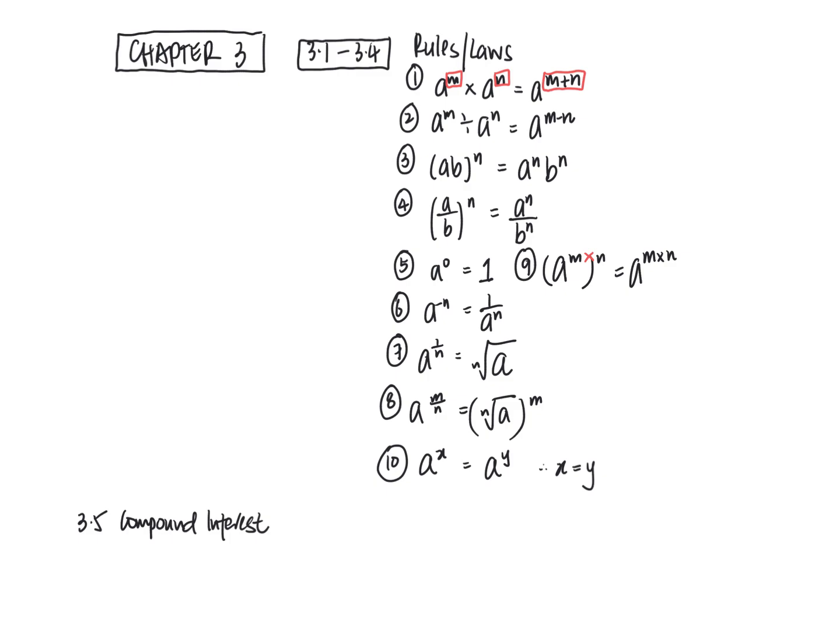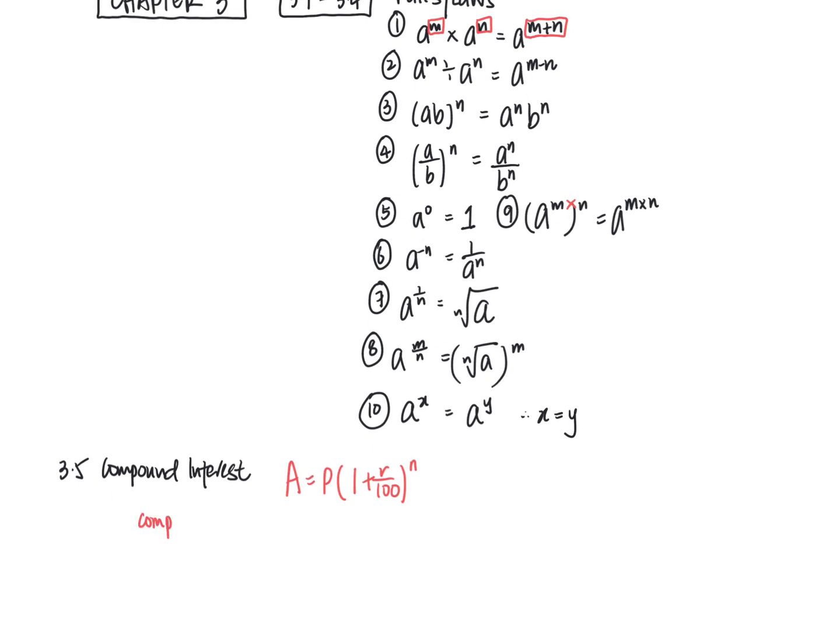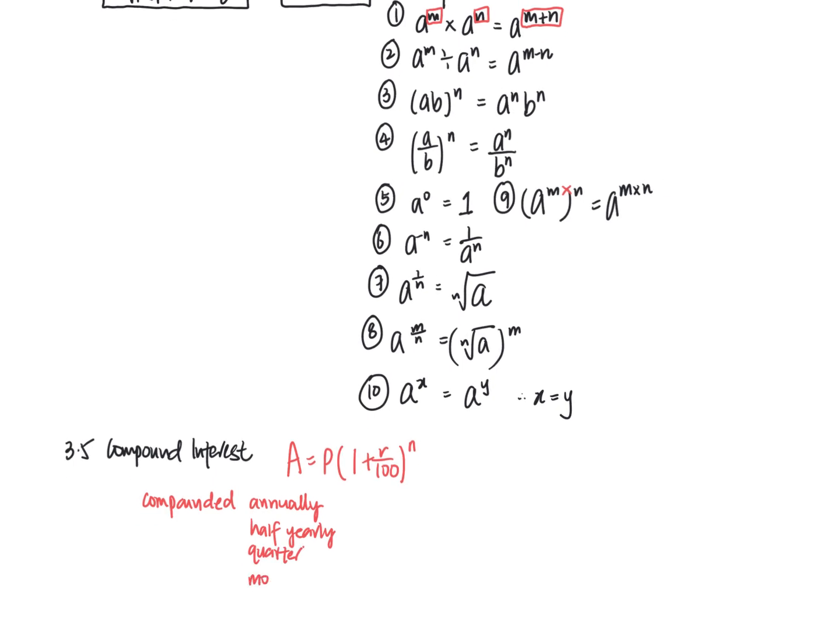Okay, compound interest. This formula is given to you on the first page. The only thing you need to think about is whether it's compounded annually, half yearly, quarterly, or monthly.